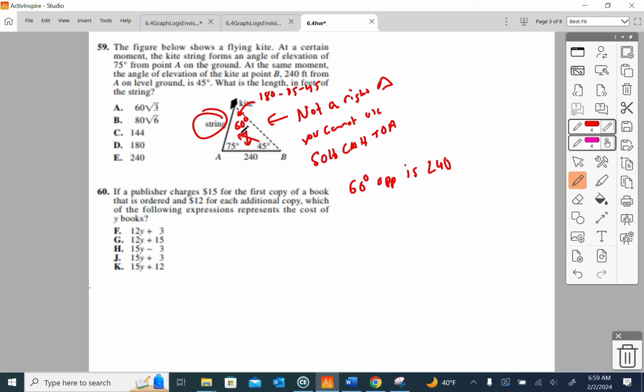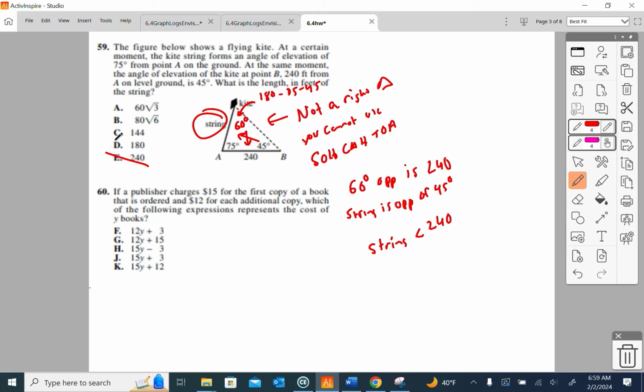The string is opposite of 45. Therefore, the string has to be less than 240. So 240 is not an option. Everything else is. That didn't do me much good, did it? That didn't do a lick of good.